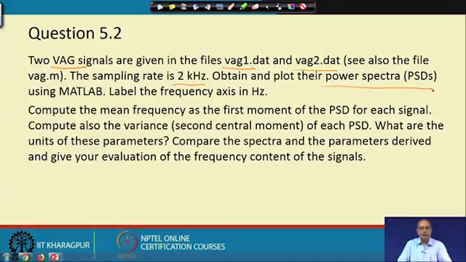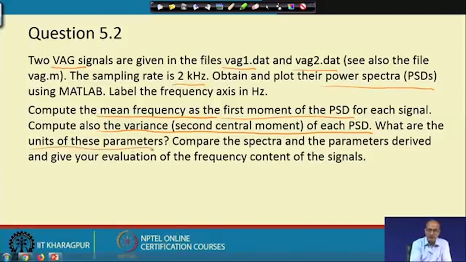And next we need to compute the mean frequency, that is the first moment of the PSD, and we have to compute the variance, that is the second moment of the PSD. Now, we are also asked what would be the unit of these parameters, the mean and the variance.